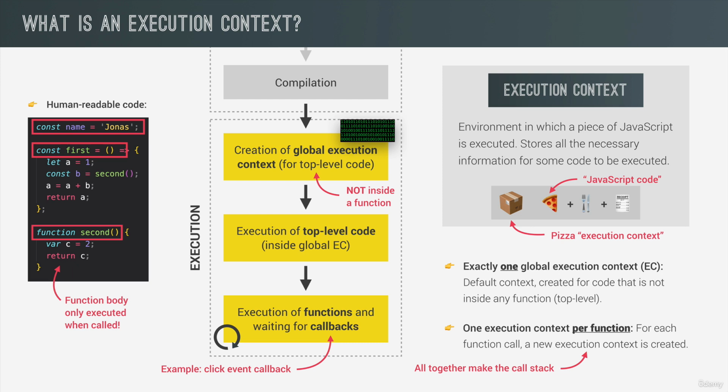Alright, so we know now what an execution context is, but don't really know what it's made of, so what's inside of it. And so let's find that out next. And the first thing that's inside any execution context is a so-called variable environment. In this environment, all our variables and function declarations are stored, and there is also a special arguments object.